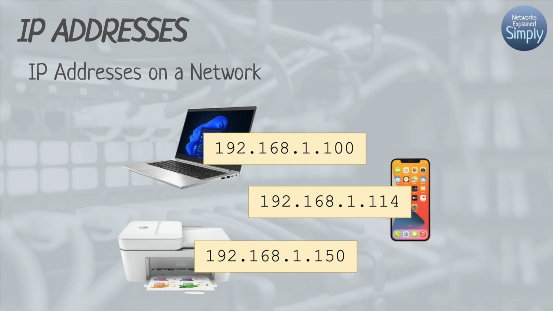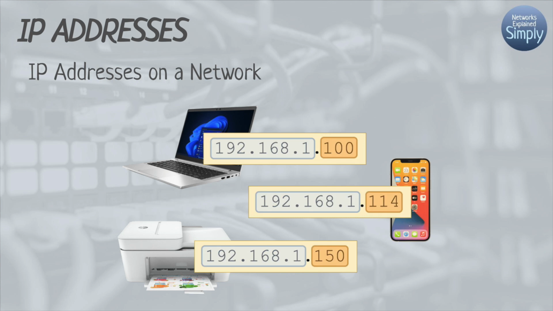On this network, it seems that every IP address begins with 192.168.1, and that they differ only in the final number. Having noticed this pattern, we might conclude that the last number in each device's IP address is the only part that matters, since it seems to be the only number that differs.